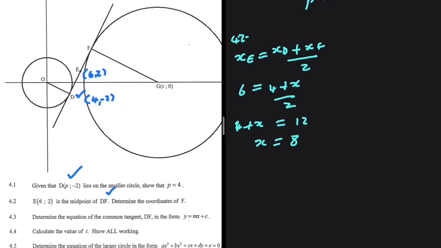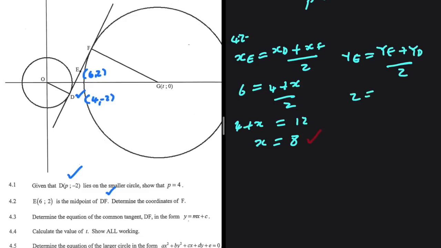The x coordinate of F is 8, which makes sense. Even if we just use translation, it should be easy to see that the x coordinate of F should be 8. Then the y coordinate of F should be equal to 6. Let me show you why. We are using E to find that of F. The y coordinate of E is equal to the y coordinate of F plus the y coordinate of D, everything divided by 2.